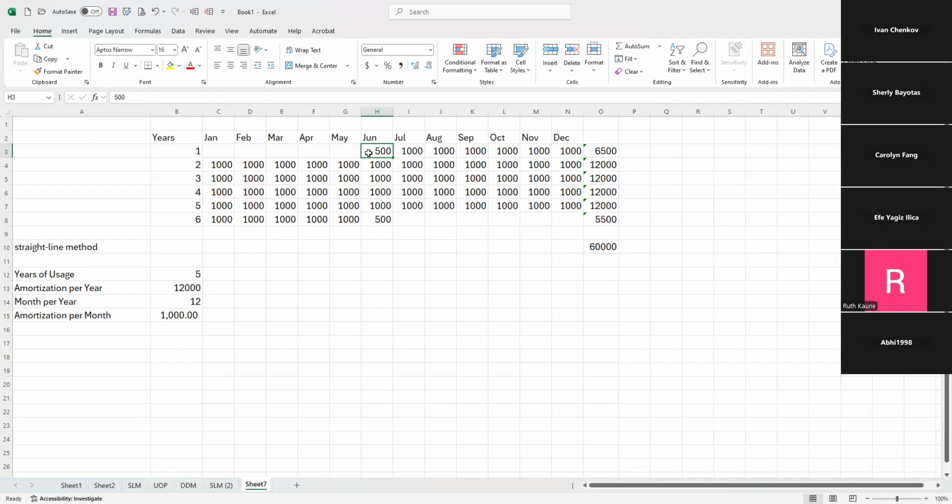What you have to be careful about is the size of the asset and the size of the company. Because if you're working in a multi-billion-dollar company, every single day of calculating amortization or not calculating amortization is going to make a difference.